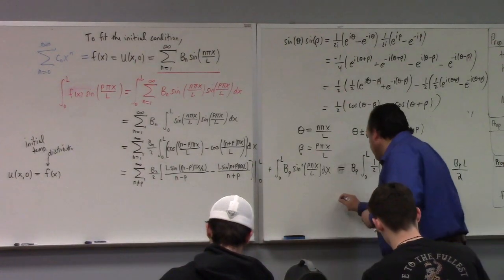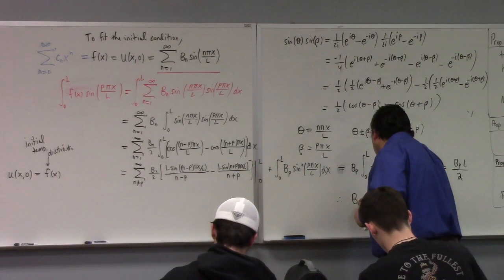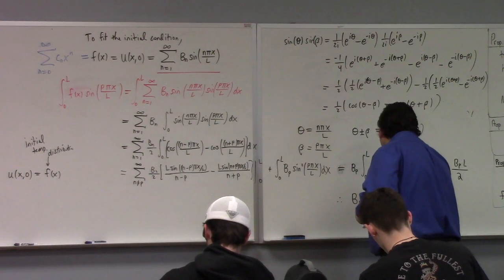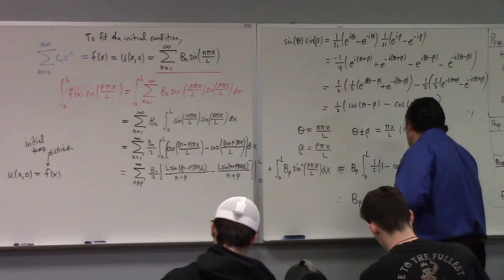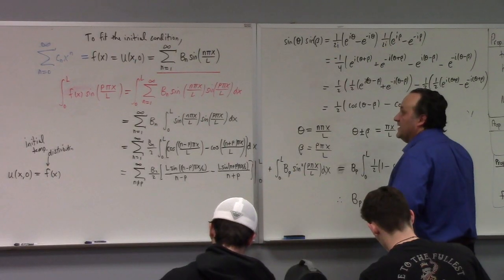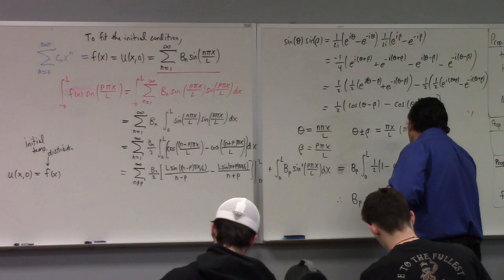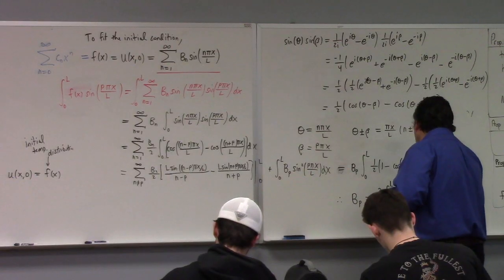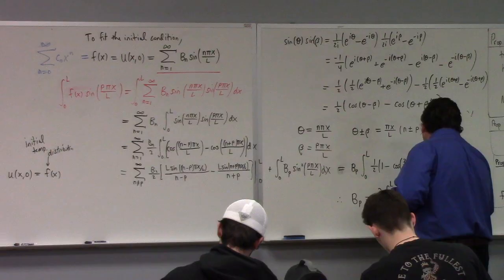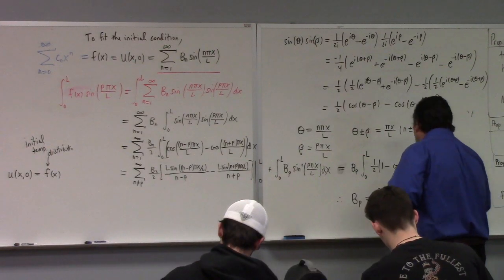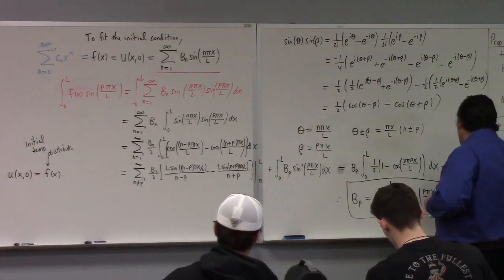So therefore, b sub p is equal to 2 over L, the integral from 0 to L of f of x times the sine of p pi x over L dx. And that, my friends, is the formula for the Fourier coefficient.